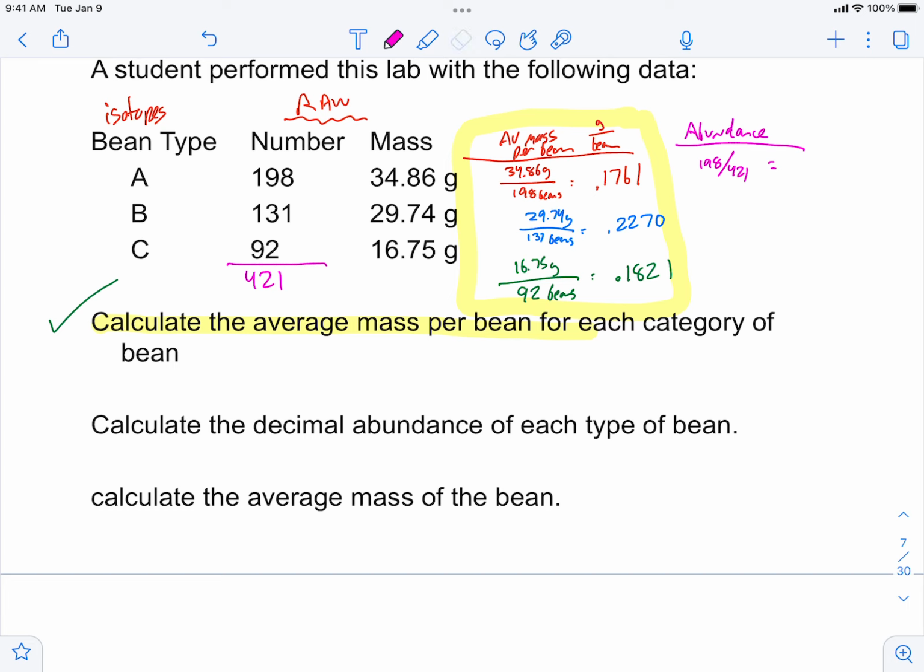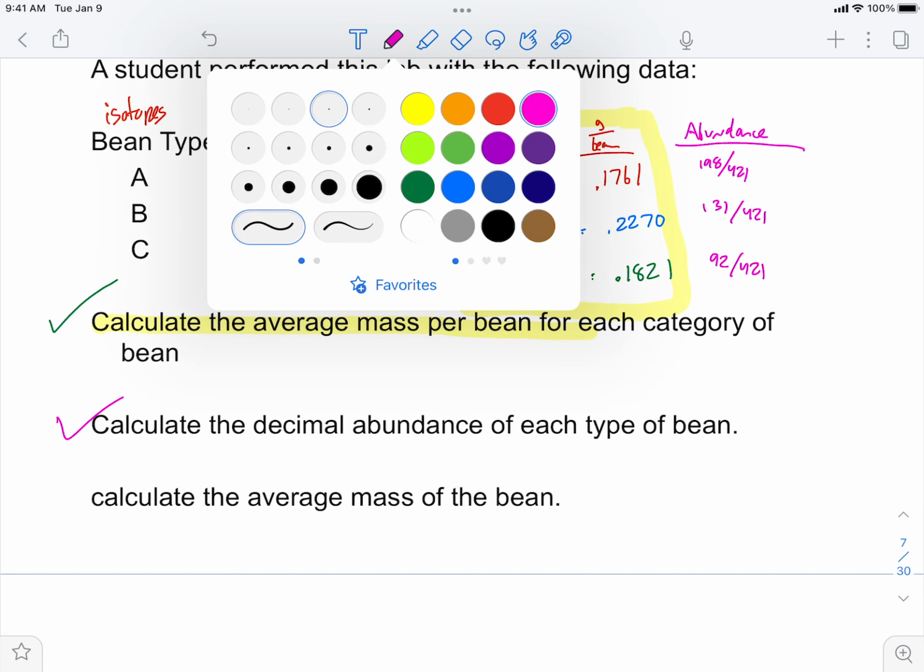And actually, I'm not even going to write that because I'm not going to be able to round that. I'm just going to leave that as a fraction. 131 over 421, 92 over 421. Okay, I have my decimal abundance.